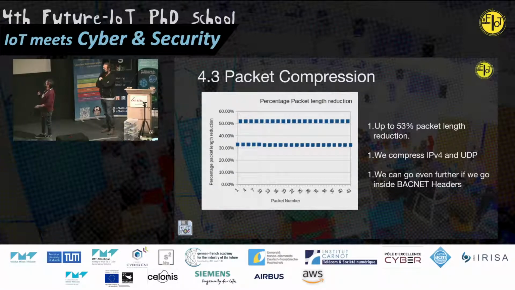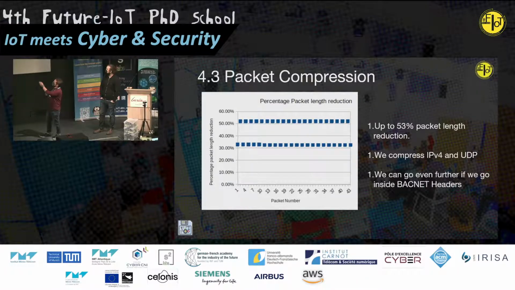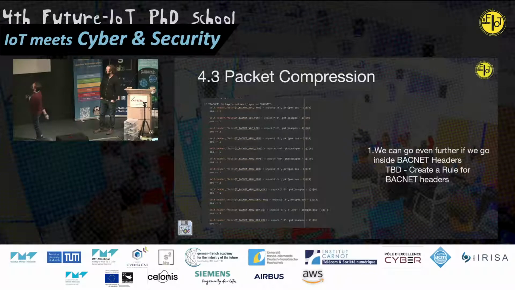And we could have better results if we go further with the BACnet headers, right? As I told you, for the BACnet headers, we were able to get some of them from the pcap file, but we didn't have time to build all the rules for the SCHC library.